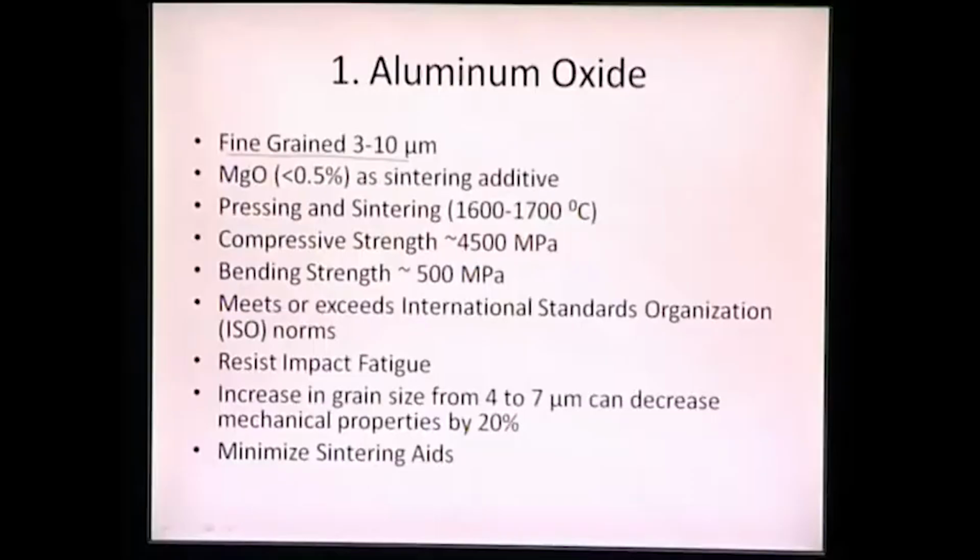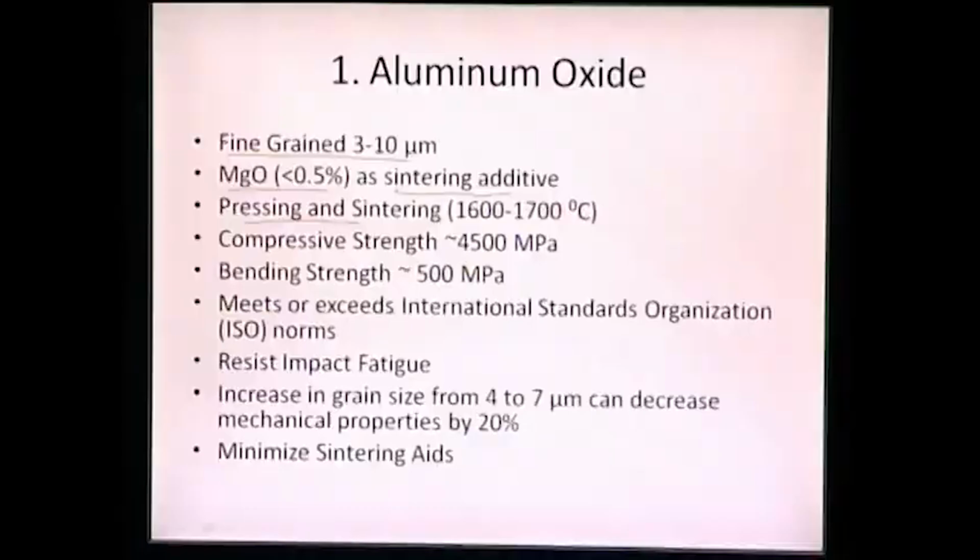To densify it, we add magnesium oxide, less than 0.5%, as a sintering additive. Sintering has to be done at very high temperatures, because the melting point of aluminum oxide is more than 2000 degrees centigrade. So we need to do pressing and sintering at temperatures of 1600 to 1700 degrees centigrade, and high densification also leads to very high compressive strength, on the order of 4.5 gigapascals.